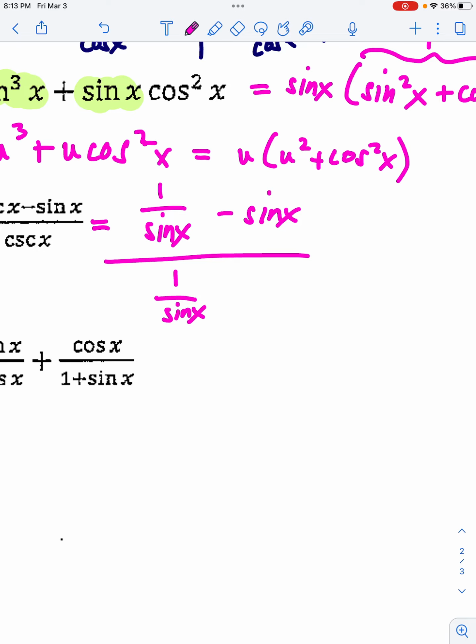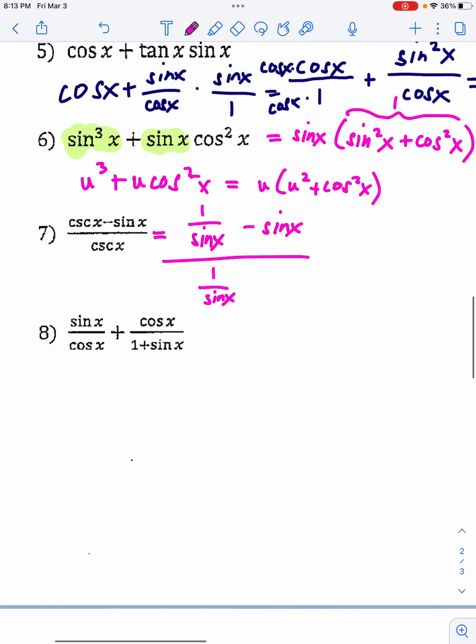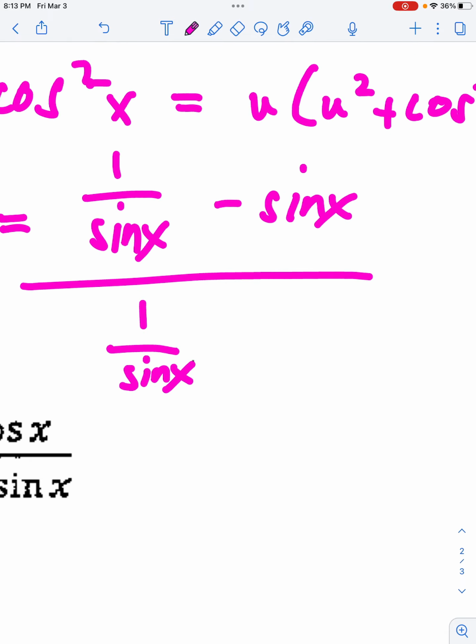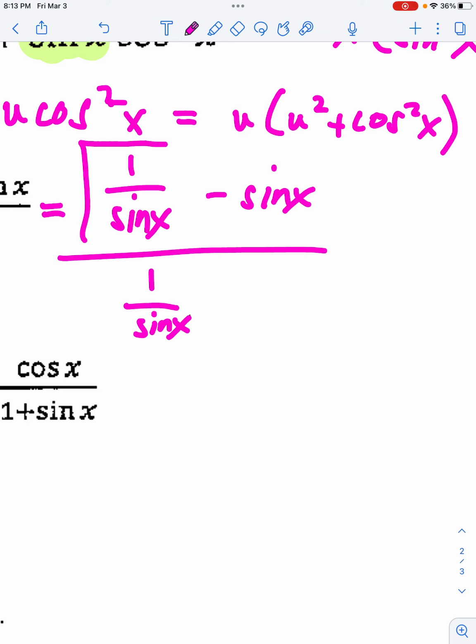And then, trying to figure out the best way to explain how to recognize this, right? But I almost have a 1 minus sine squared up top here, right? I almost have that. I have a 1 over sine x minus sine of x, okay?